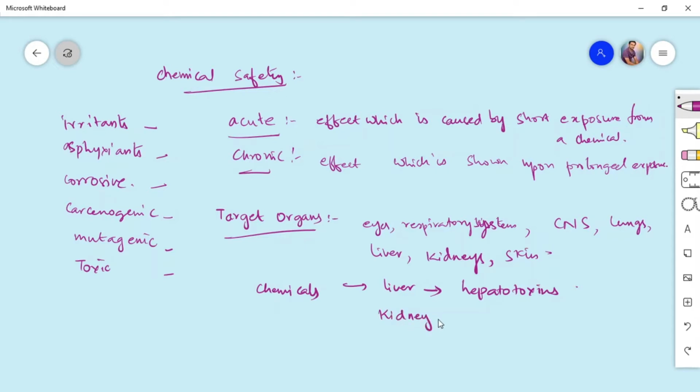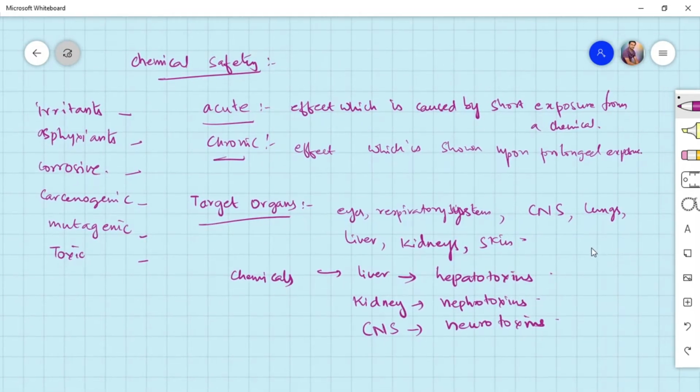If you have a problem with the kidney, which specialist will you be referred to? A nephrologist. So nephrotoxins. The chemicals which affect the CNS are called neurotoxins, because they will affect your nerves. So these are the chemicals.